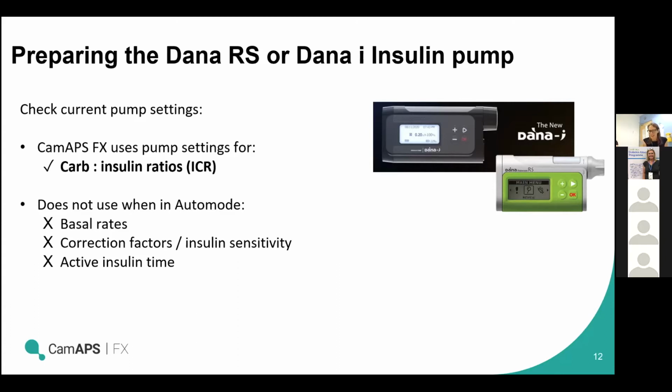Because it calculates its own basal rates via the extended basal rate, and it calculates its own estimation of insulin sensitivity and active insulin time, which it continuously modulates depending on the user, those settings aren't utilized when you're in auto mode. But it's important that they're accurate for times when perhaps it's a sensor change and auto mode is not available because there's no sensor data, so that those are set up correctly.